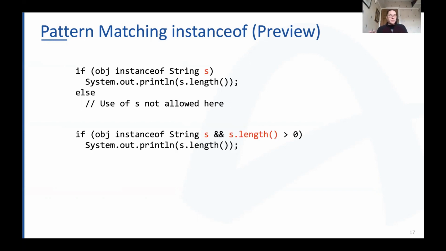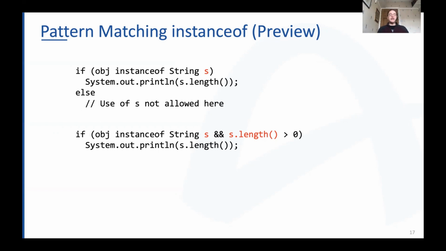We can do some more clever things with that. So we could do something like this. We can say if obj instanceof String s, and then use an AND operator and check to see if the length of that string is greater than 0. If it is, then we'll print out the length of that string. Now, the reason we can do that safely is because in the case of the AND operator, the left-hand side is always evaluated first, and only if that evaluates to true will the right-hand side of the operator be evaluated.